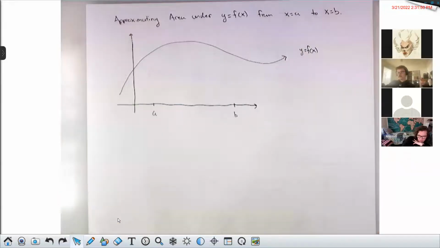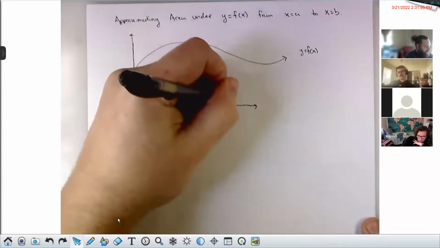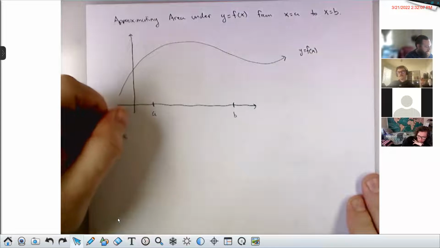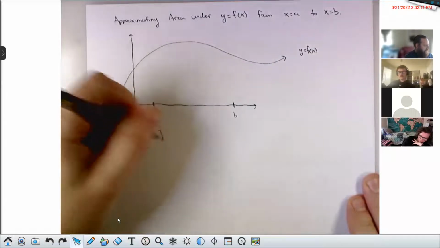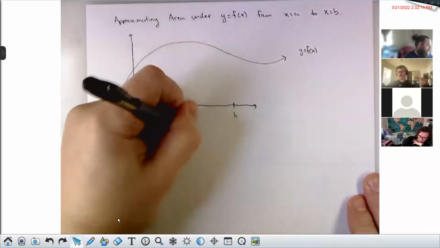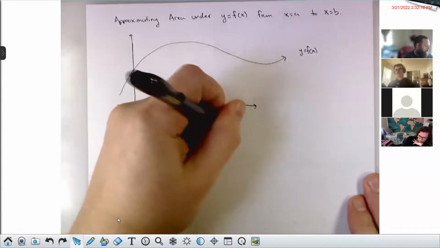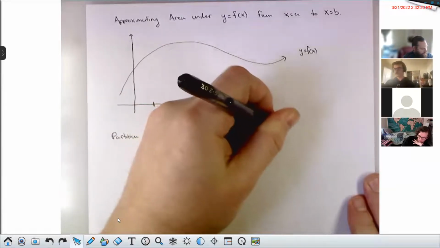The procedure goes like this. You take this interval from A to B and you chop it up into equal length subintervals. This is called a partition. We're partitioning the interval AB into n equal length subintervals.